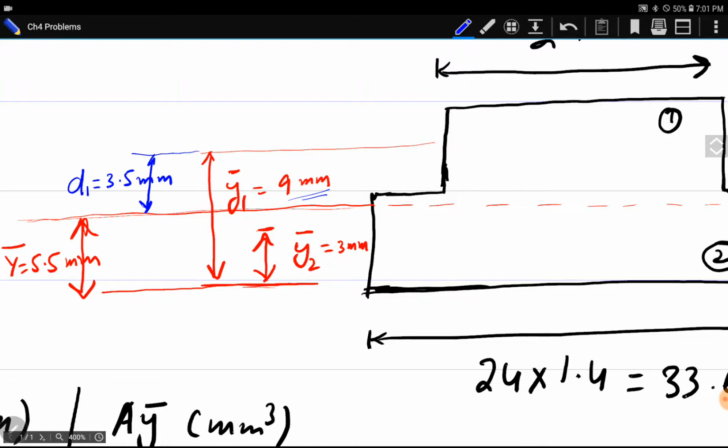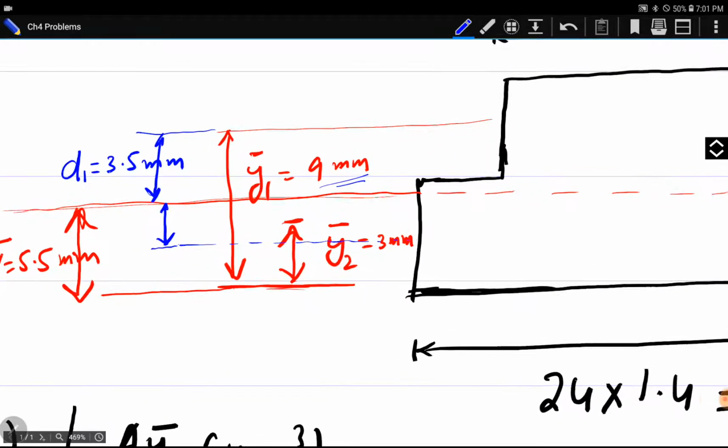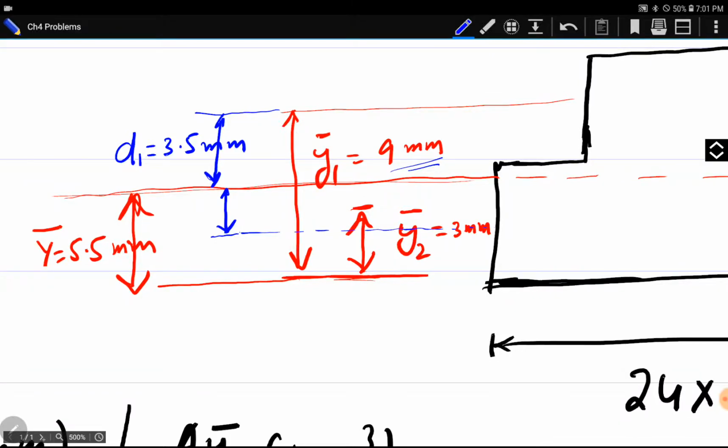D2 is the distance of the centroid of area 2 from the total cross section centroid. So total height is 5.5 mm. Sorry. It is this point.